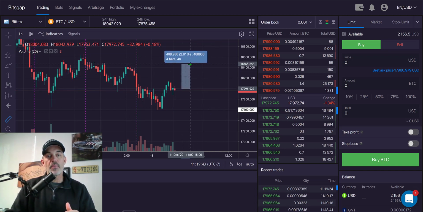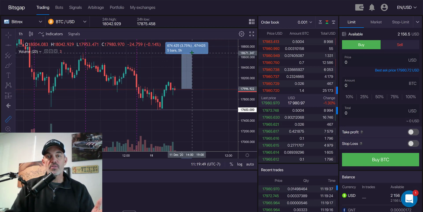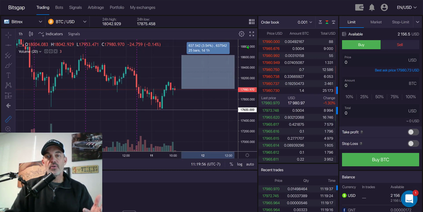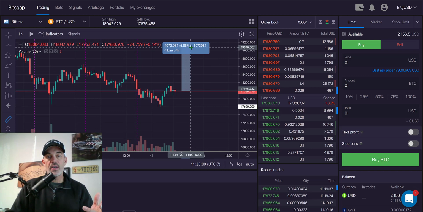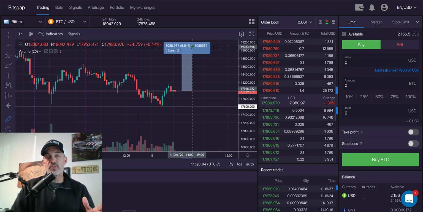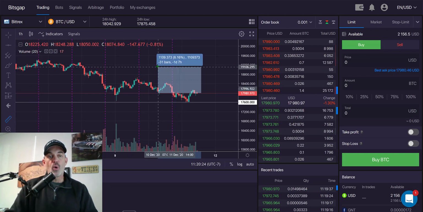So the first area I'm probably looking at is around 18.4. The next level would be another 2%, which is going to be around 18.7. And then the next level would be around 6%. And that's going to be right around that 19,000, which we would have had some issues holding above.